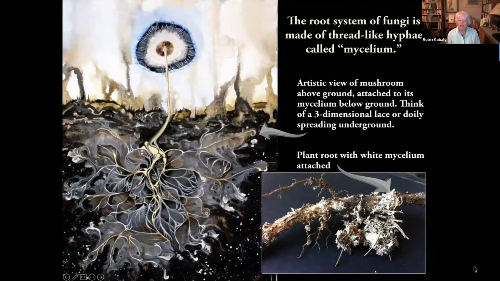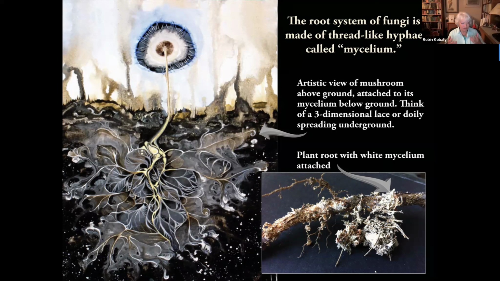So I just wanted to show you a creative, fun depiction of what the body of the fungus looks like underground, which is a whole system of mycelium or fungal threads, as opposed to the mushroom that they may put up that we see above ground.